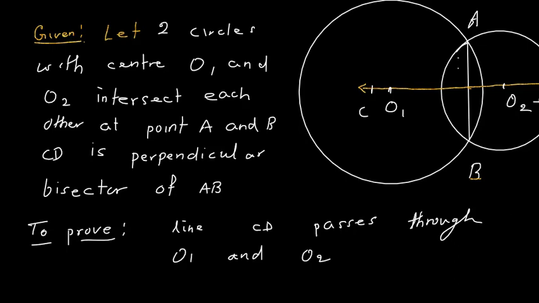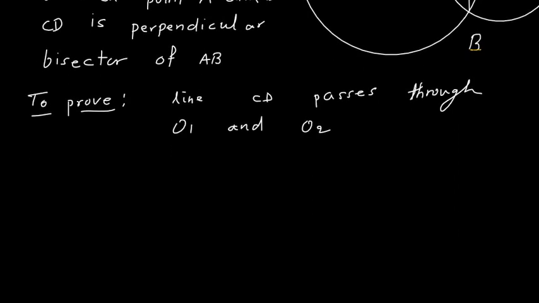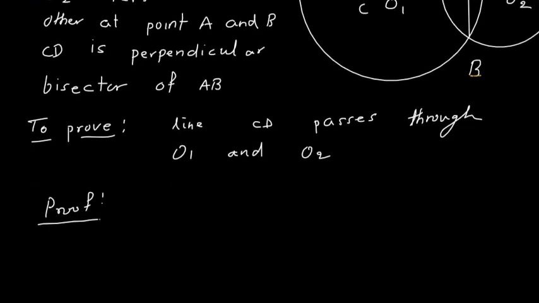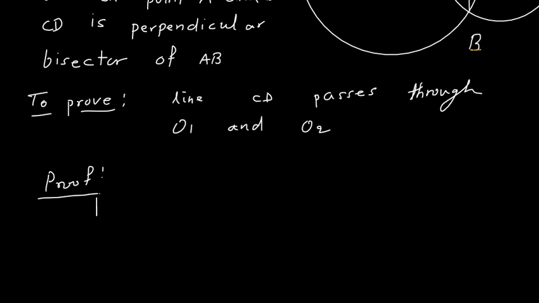Now let us begin with proof. So here in proof I will say that AB is a common chord to both the circles.